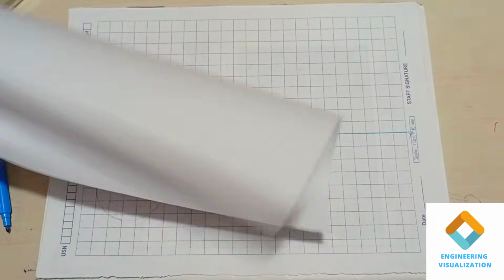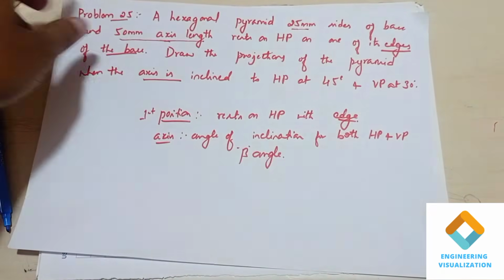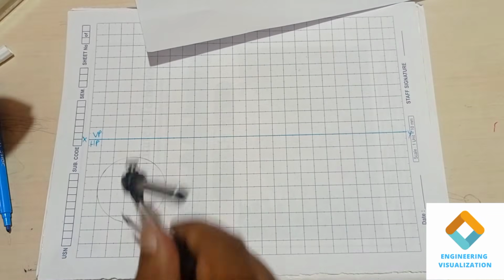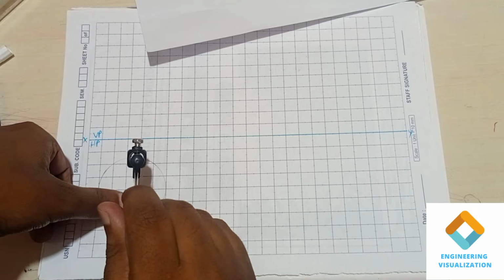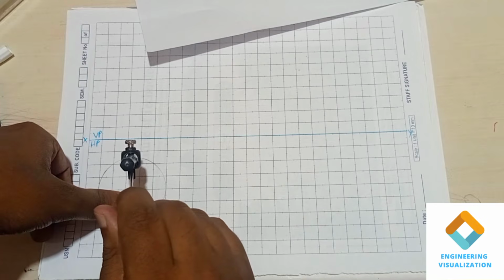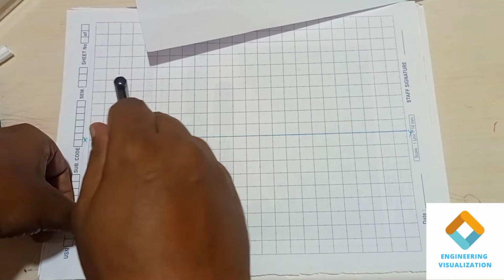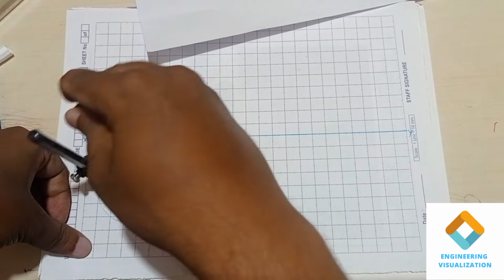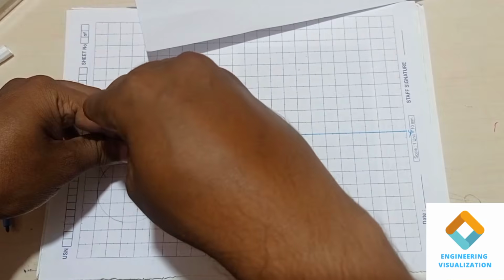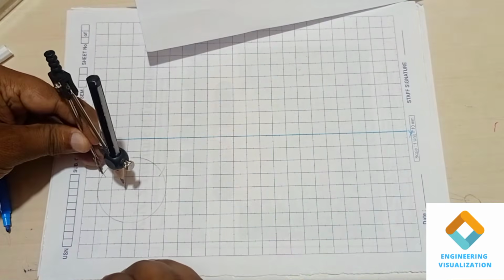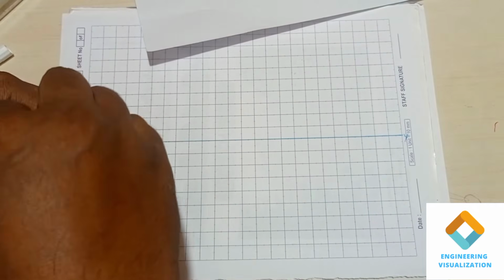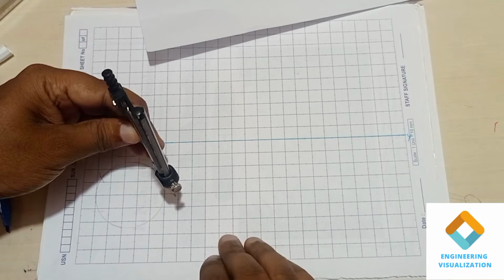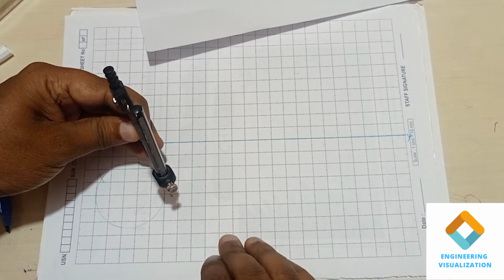Okay, by taking the same compass, you can see we have to construct the hexagon with respect to the edge here. So I'll be starting from the top corner. So from this end I'll be cutting the arcs here. So the same dimension 25 mm, need not change it. Whatever dimensions we have measured, the same dimension lengths we have to cut the arcs.